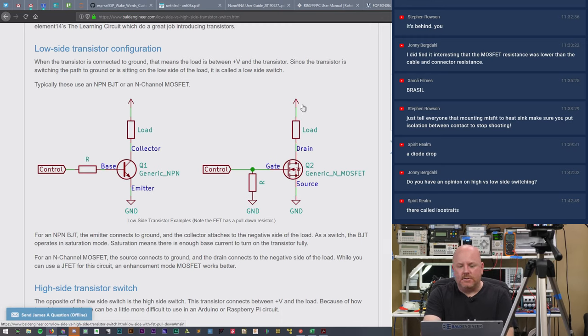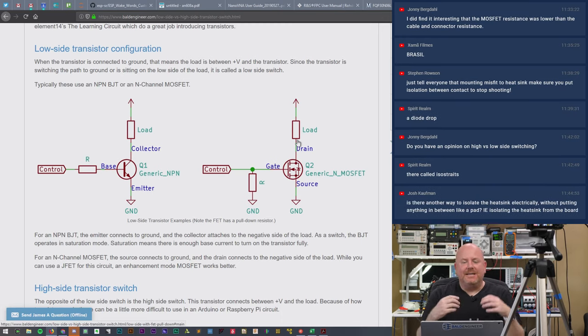So if you're using a 12 volt supply on a motor, the motor is effectively energized, or its potential is at 12 volts. If, say, a ground wire was to come in contact with it, it could then turn on because there's now a path to ground. That's sort of a safety issue, so you have to be careful about what kinds of loads you put into a low side configuration.